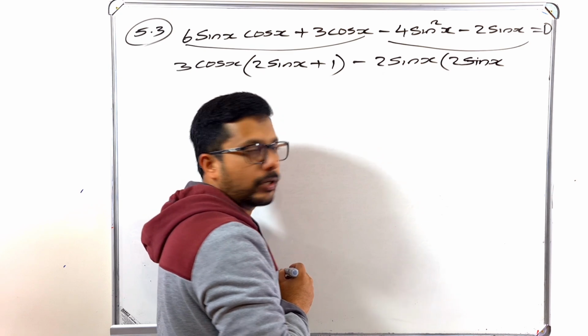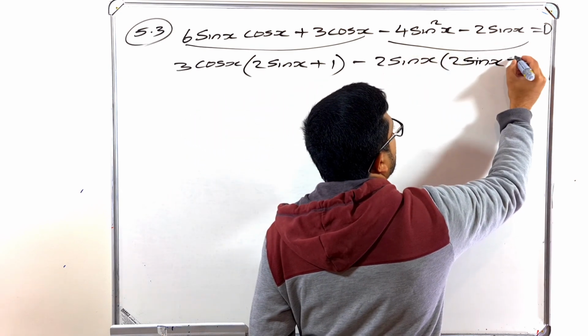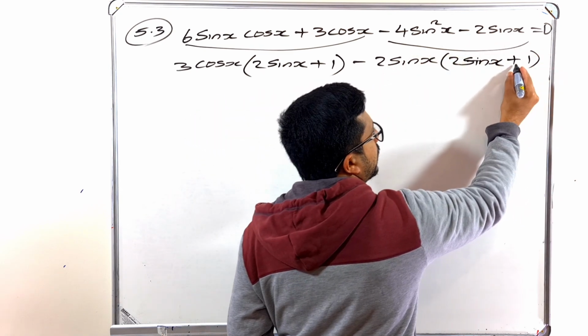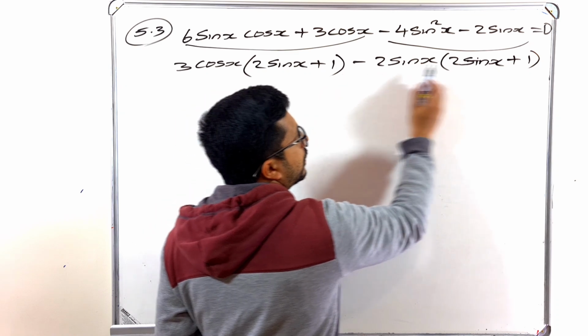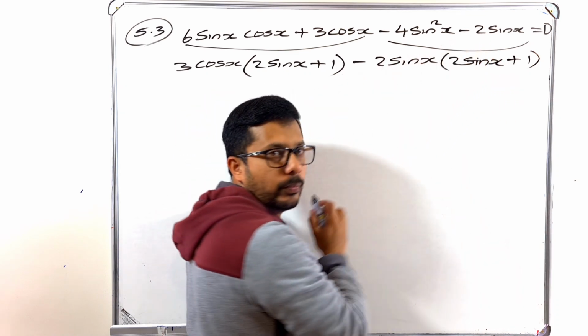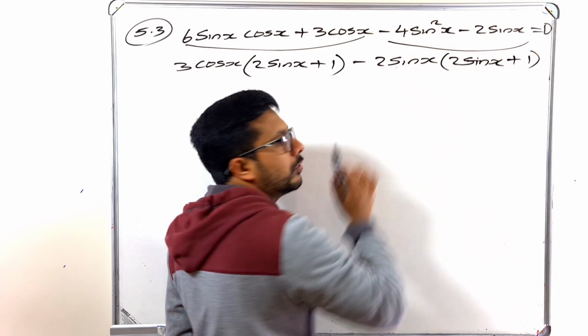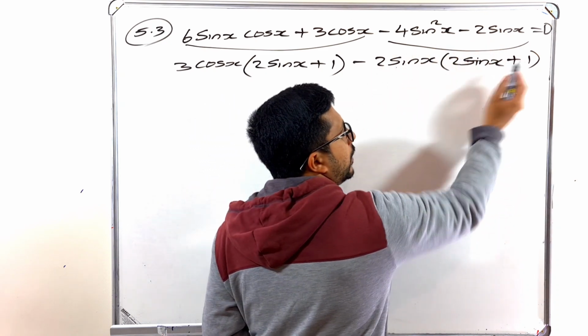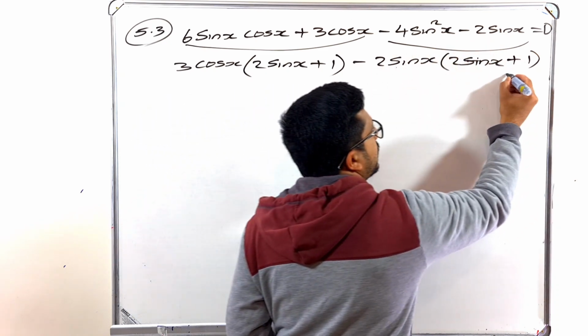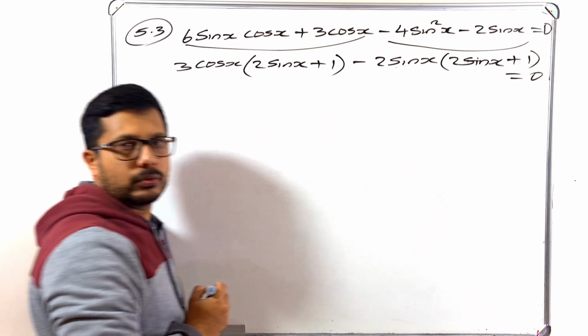Then plus 1. Why is it plus? Because minus times minus is plus. And that 2 we took as common factor, sin x we took as common factor, so remaining is plus 1, and that is equal to 0.